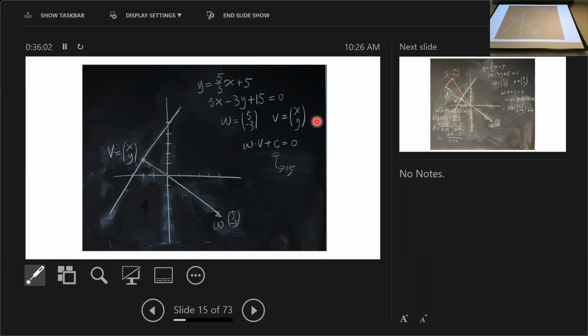okay. Just convince yourself. This is a description of a line. That's right. When x is 0, y is 5. When y is 0, I think it's -5. Right?